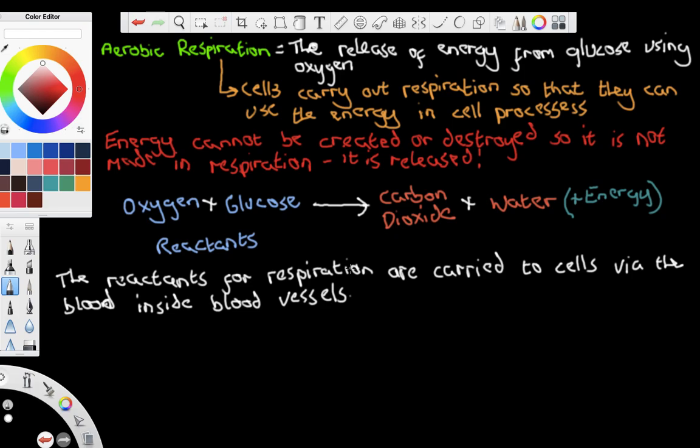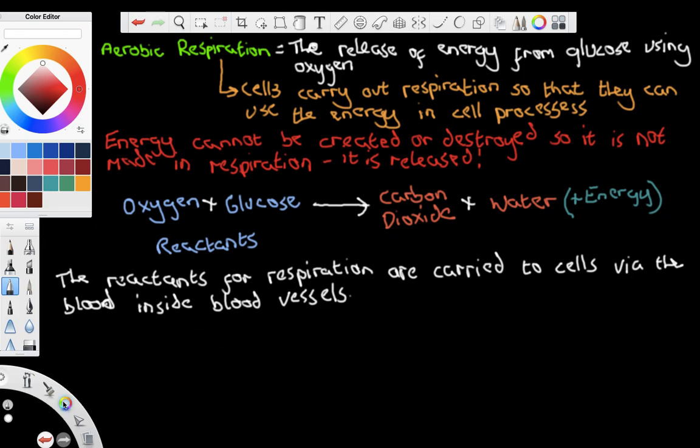Now, when the blood gets to the cells where they need these reactants, the liquid part of the blood is pushed out of the blood vessel, forming something called tissue fluid.